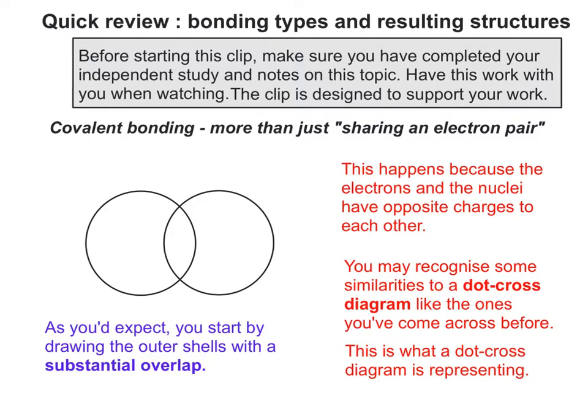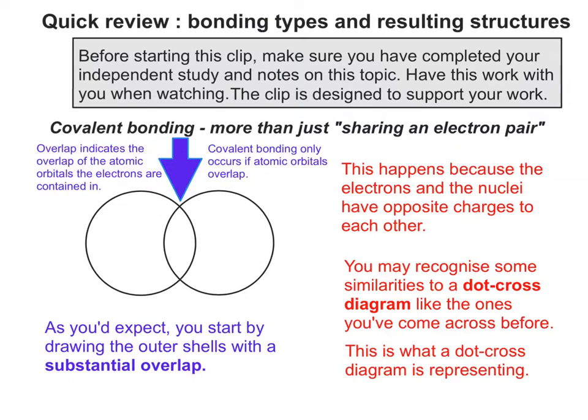The reason it's important to overlap the two circles, not just touch them, is because the overlap indicates the actual overlap of the atomic orbitals the electrons are contained in. This is because covalent bonding only occurs if atomic orbitals overlap.